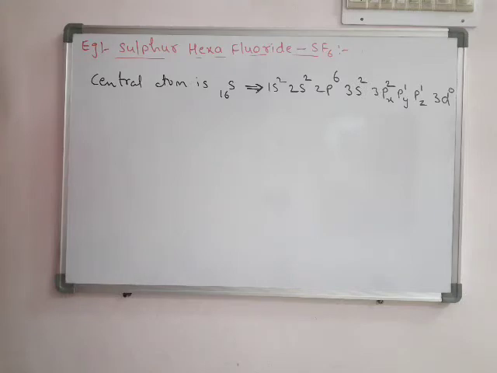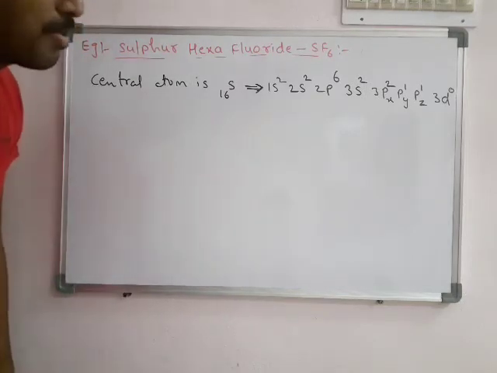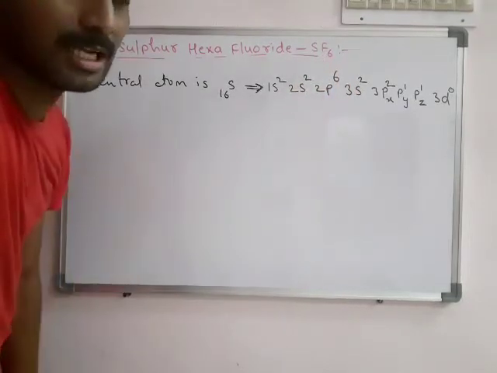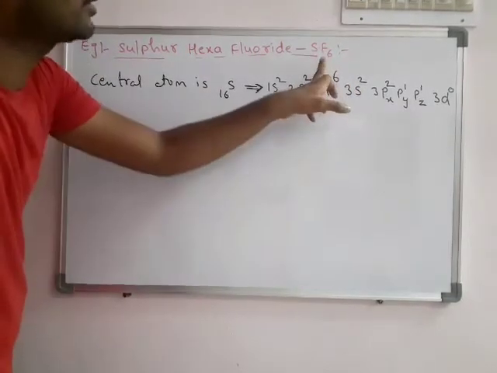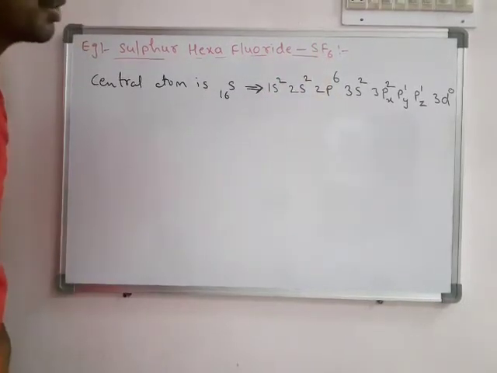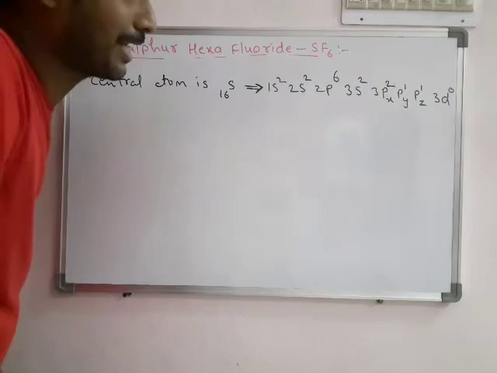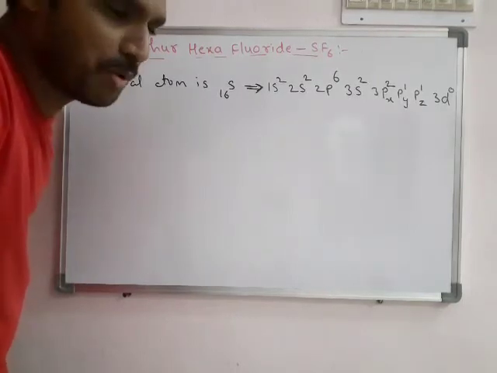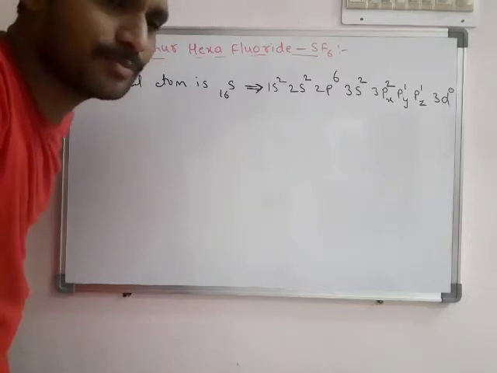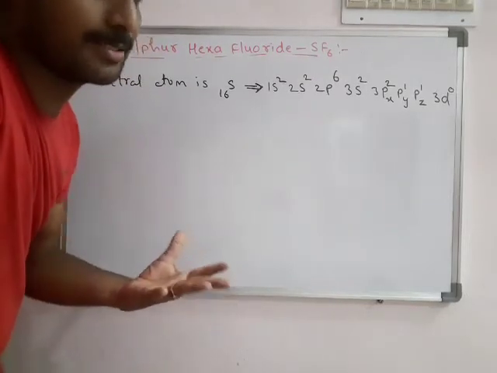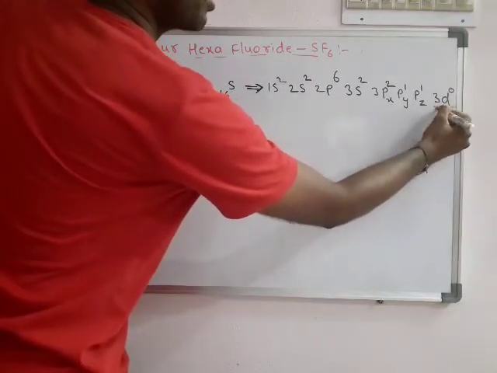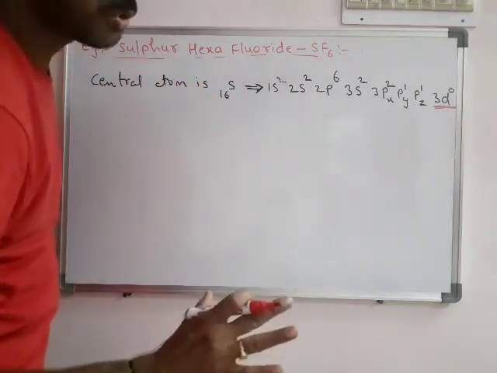So in SF6, sulfur should form bonds with 6 fluorines. So there must be 6 unpaired electrons. If that is not possible, we try other possibilities, but there is a vacant d subshell.